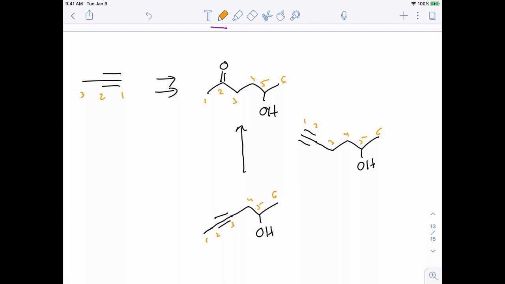I started numbering in that direction because I started numbering this one up here. And a ketone is actually a higher priority group. So in 236, when you learn to name ketones, that is the correct way to number that original one. But I just want to keep my numbering scheme the same, even though my ketone's now gone, because I'm not naming it. I'm just trying to keep track of all my carbons. So I'm just going to keep this in reserve as something we maybe want to go back and look at.